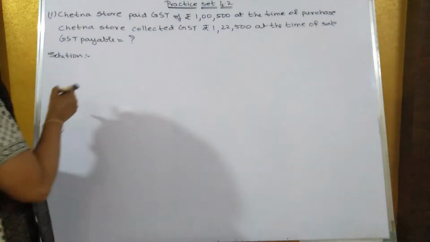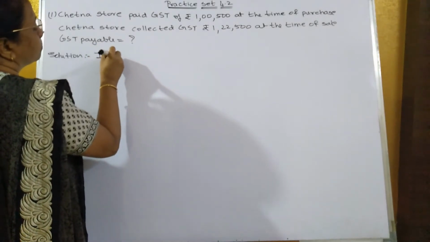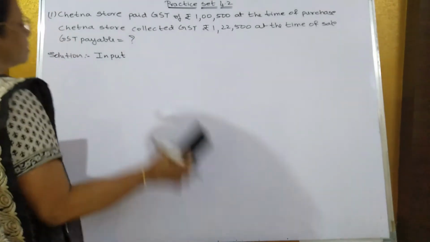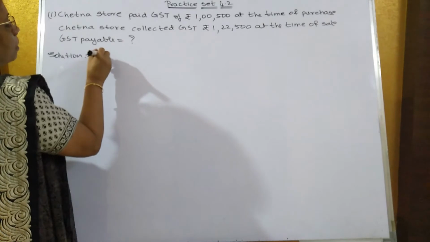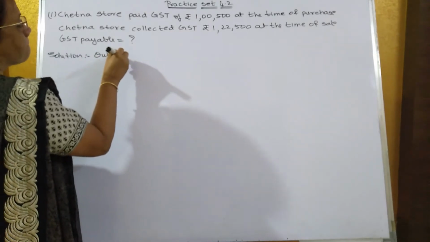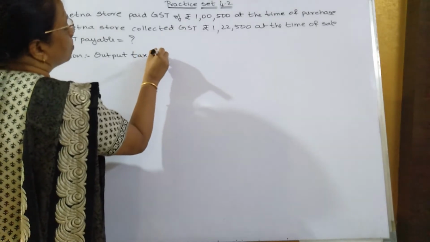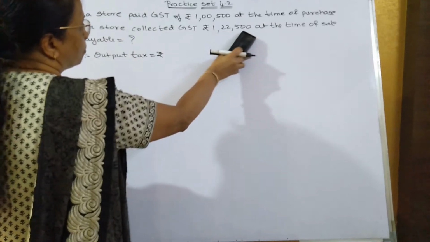So over here, what is the input tax? Or you first write down the output tax. So output tax is equal to rupees, at the time of the sale. That is the output tax. So what is the output tax?